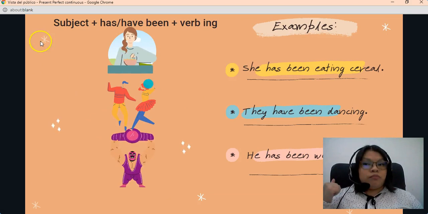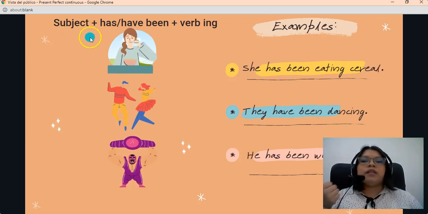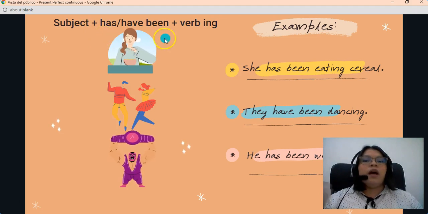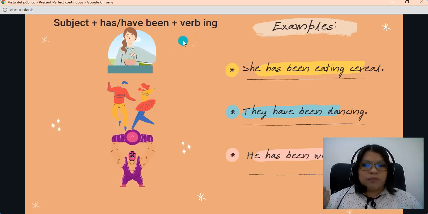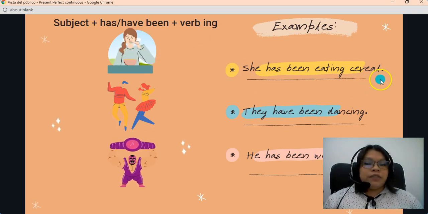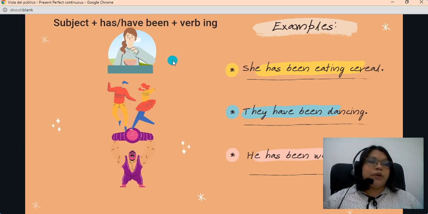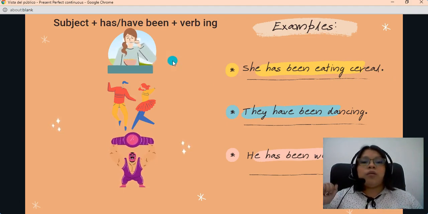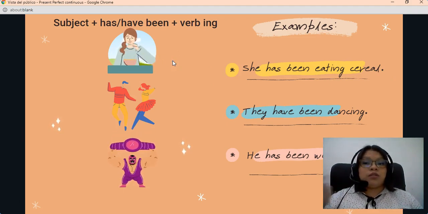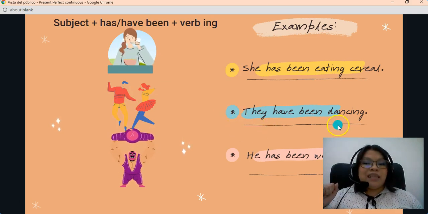Remember the structure. I have it right here if you don't remember. The subject plus has or have been plus the verb in ing form. For example, she has been eating cereal. Maybe this is an activity that she started, I don't know, maybe 10 minutes ago and she still continues doing it. They have been dancing.